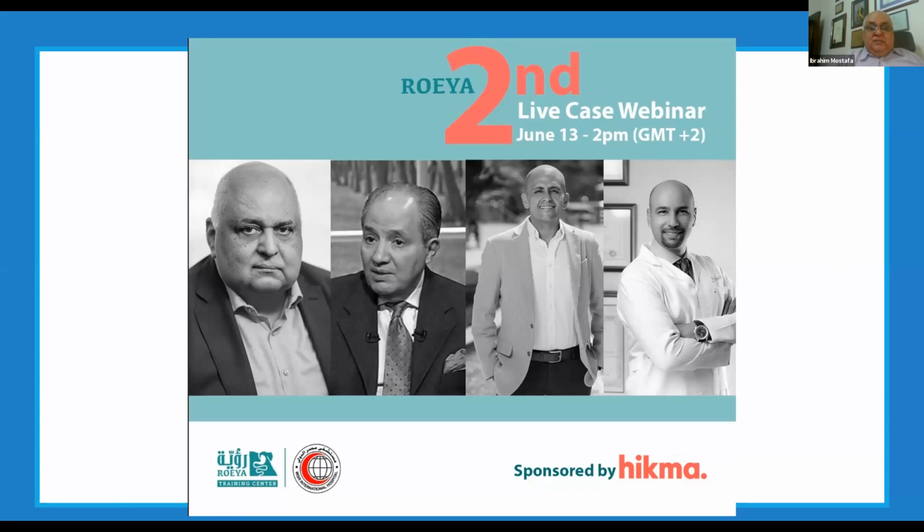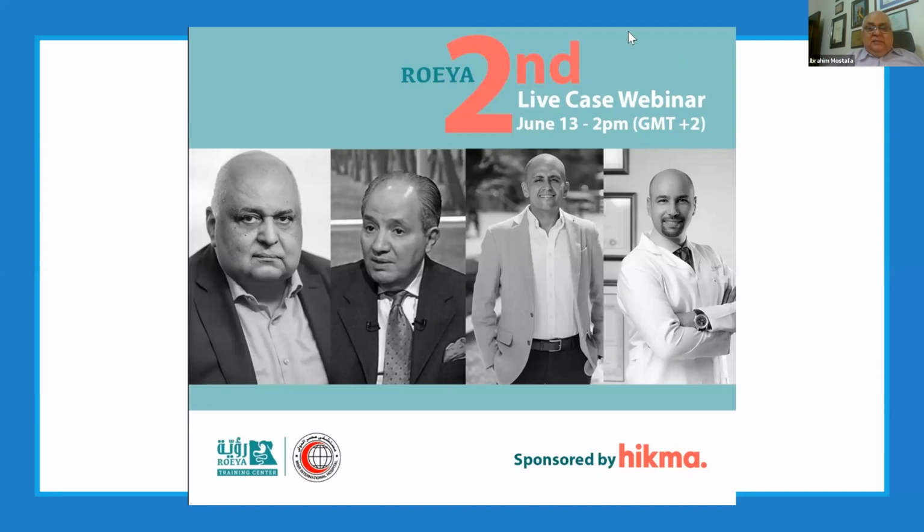What is the name of this stent? I think the stent is present in Egypt, available at any time. You can find it, and you can ask about it. I cannot say the name of the company now, but it's present in Egypt.